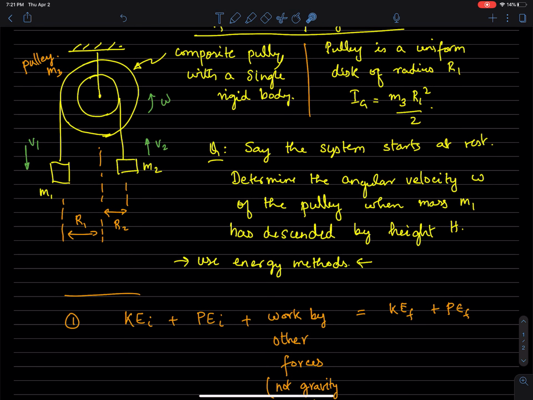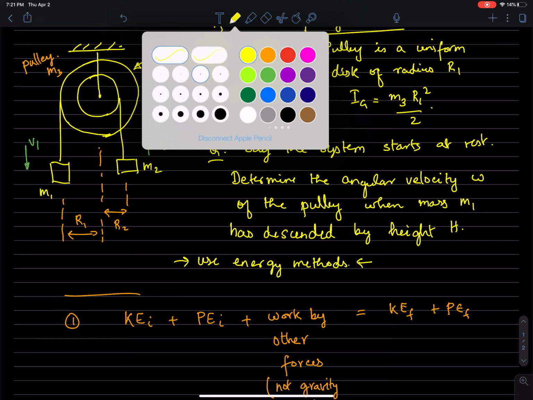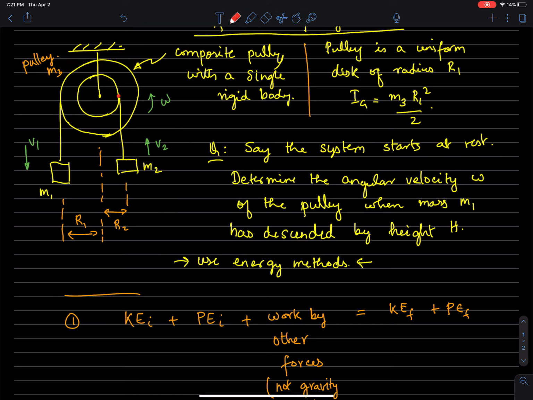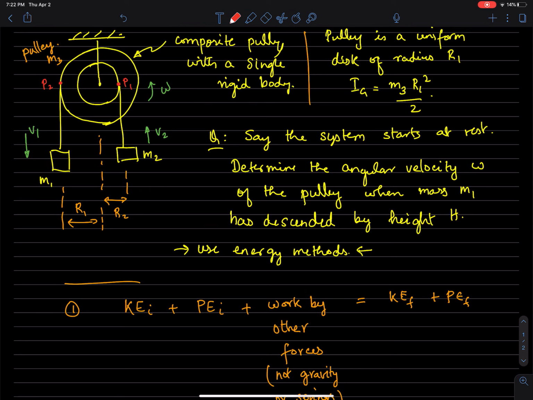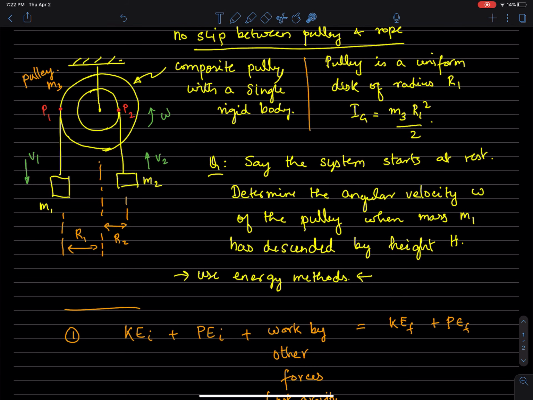So if there's no slip between the pulley and the rope, then, if we have some point, let's call this point P2 and this point P1, because this pulley is a rigid body, the velocity of point P2 is basically R2 omega.